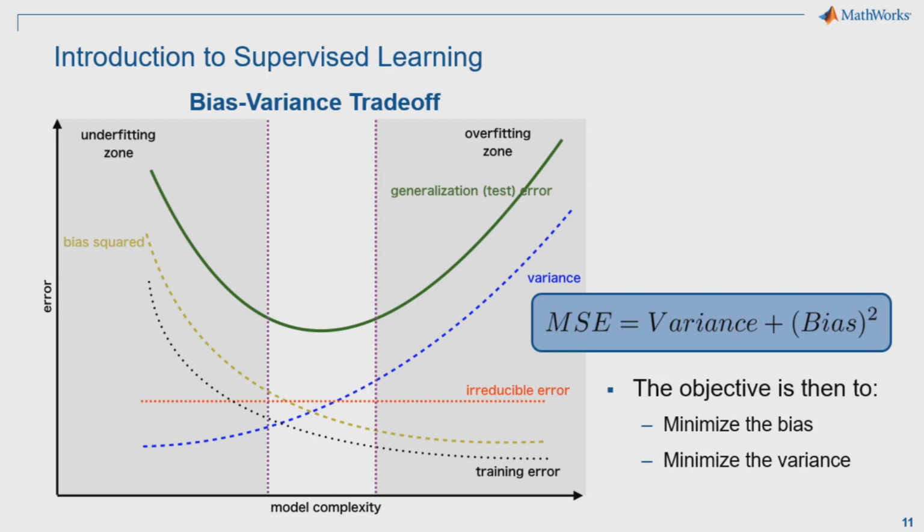In fact, the typical aim of a machine learning algorithm is not just to minimize them together, in the sense that we don't want to just minimize the MSE, but we want to minimize its components correctly to achieve the best MSE that we can find for this specific problem.